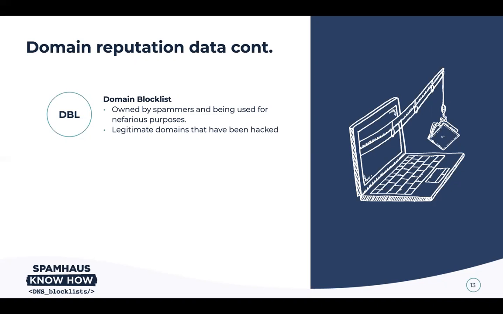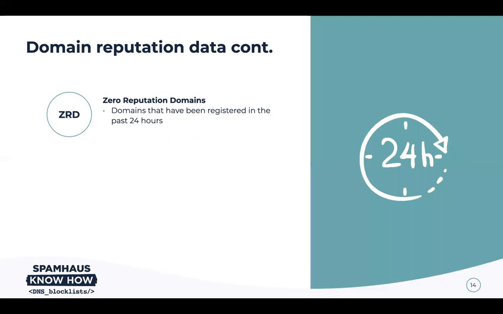There are usually a lot of issues with domain names that are really new, especially if you see them in email, which brings us to another domain data set that we have, the ZRD, Zero Reputation Domains list. These are domains that we have first observed in the past 24 hours. And if you see them in email, then there's a really, really good chance that these emails are a problem.